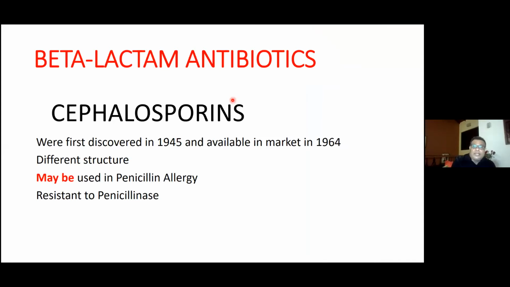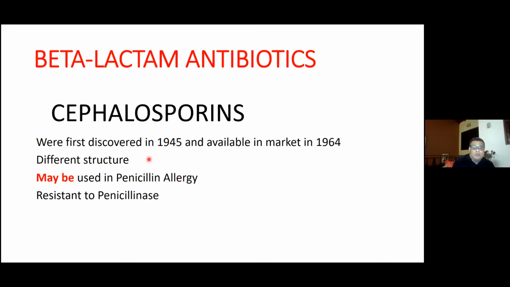So under beta-lactam antibiotics, the next group is the cephalosporins, which are very similar to penicillin in structure as well as in spectrum. They were first discovered in 1945 after penicillins and available in the market in 1964. It's slightly different in structure and can be used in penicillin allergy.